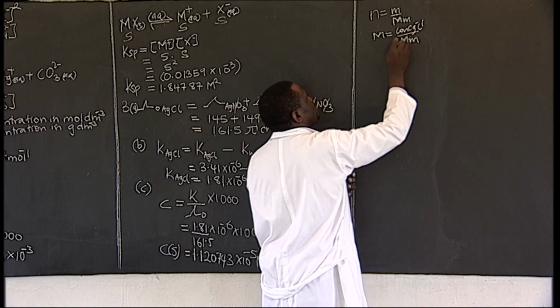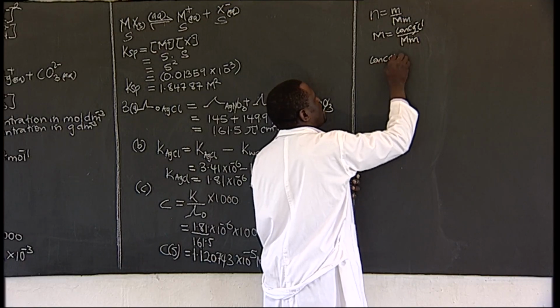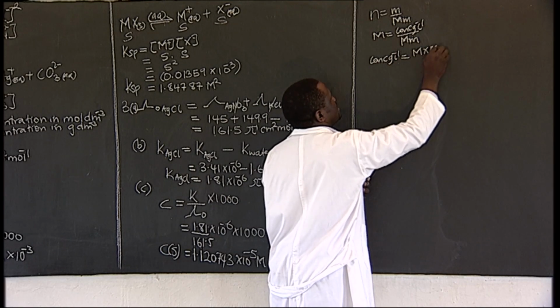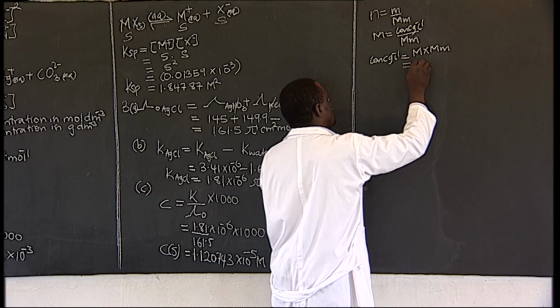So this concentration in gram per liter will be our solubility in gram per liter, equal to molarity times molar mass.